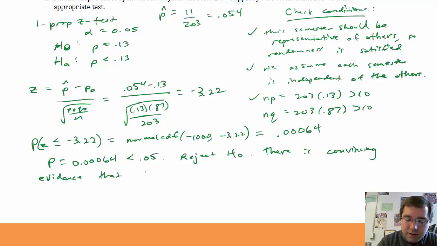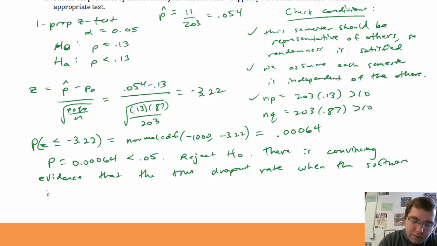So there is convincing evidence that the true dropout rate when the software is used is less than 0.13.